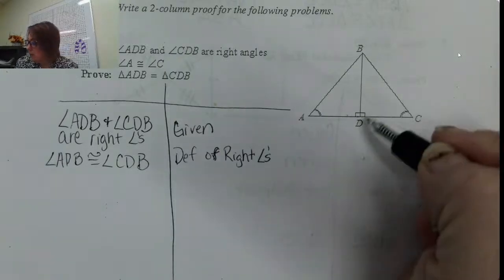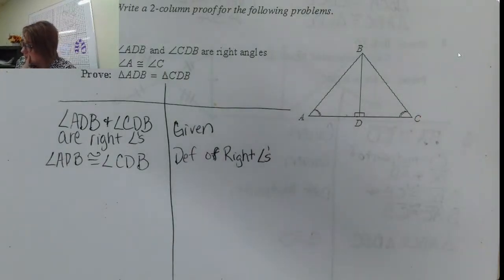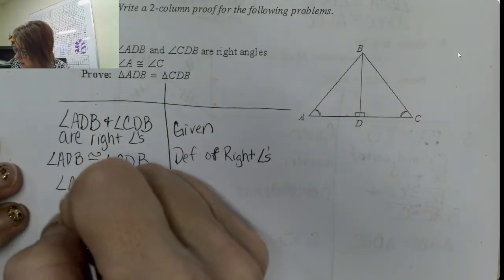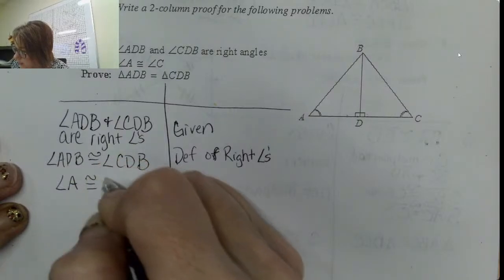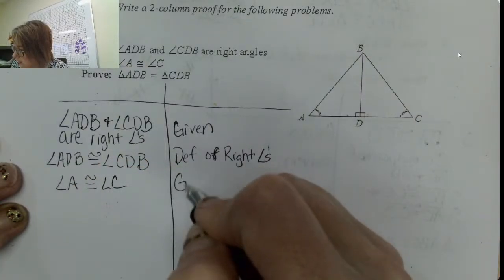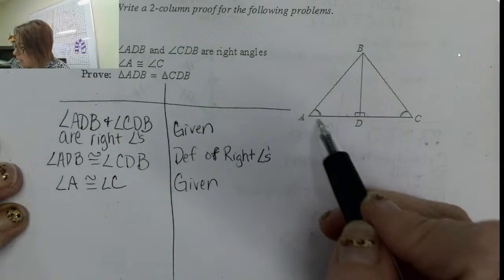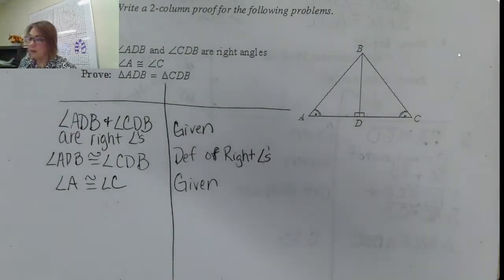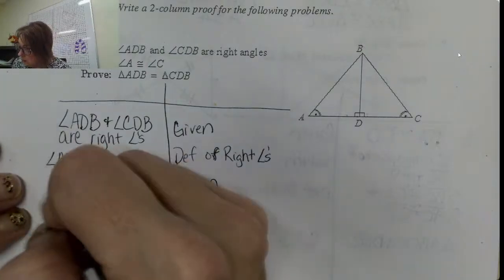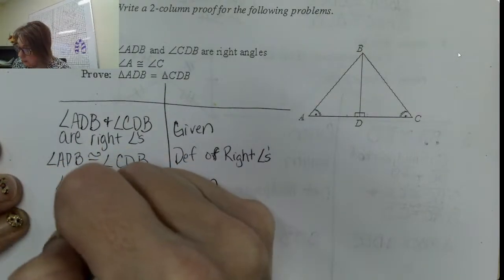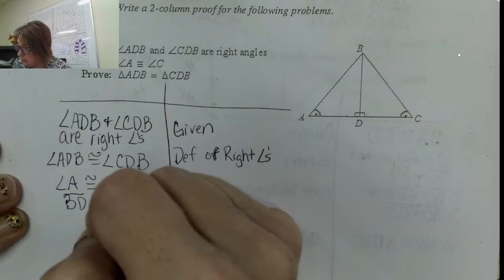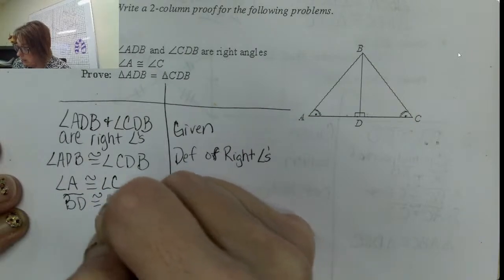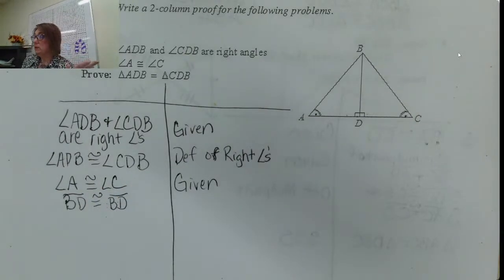Okay, so we know that this angle is congruent to this angle. What else did they tell us? They said A is congruent to C, and that's given, right? So they gave us this, and they gave us that. What else do we know? That BD is congruent to BD because they both have it, right?